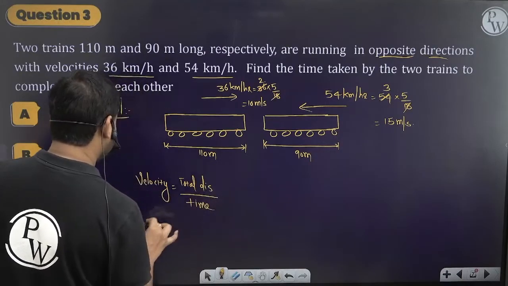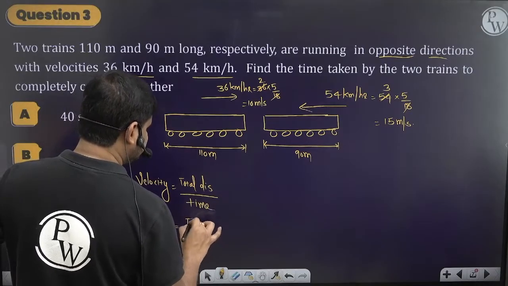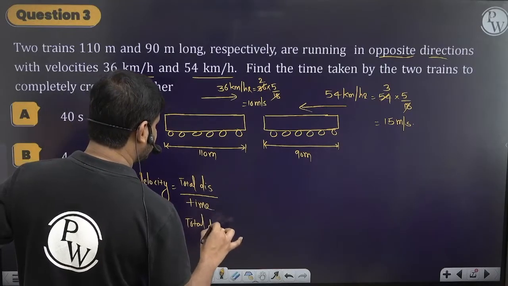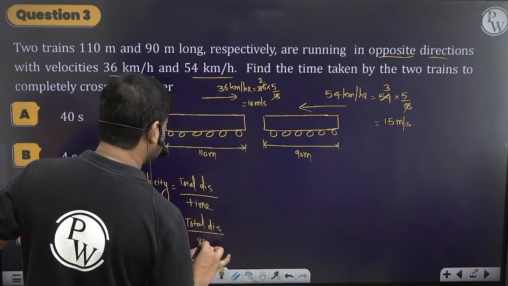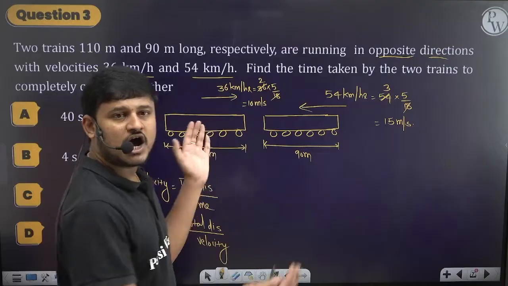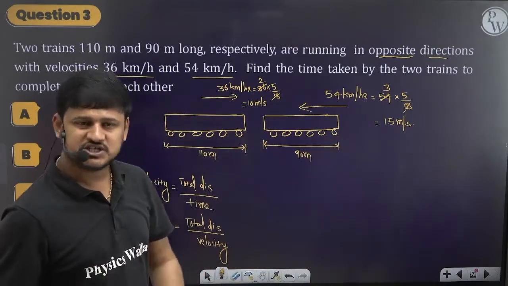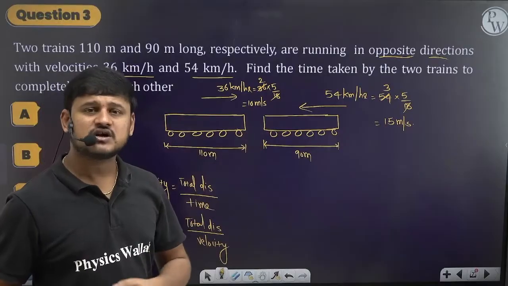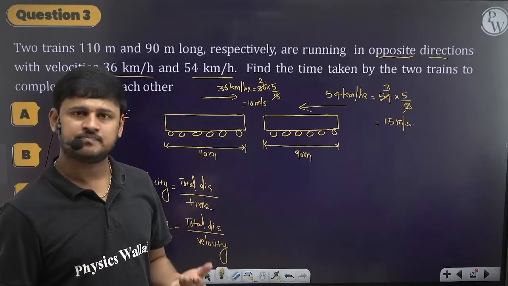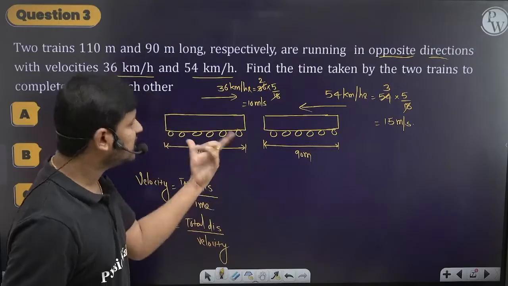So from here the time taken will be equal to the total displacement by the velocity. Here the two trains are moving opposite to each other, so then there comes a concept of relative velocity. Yes or no? There comes a concept of relative velocity.